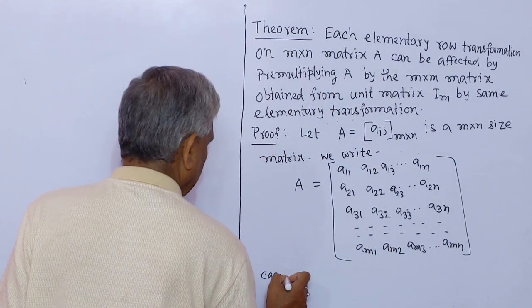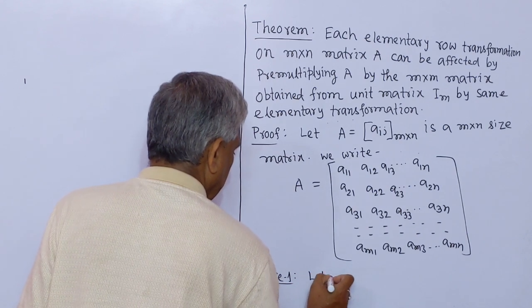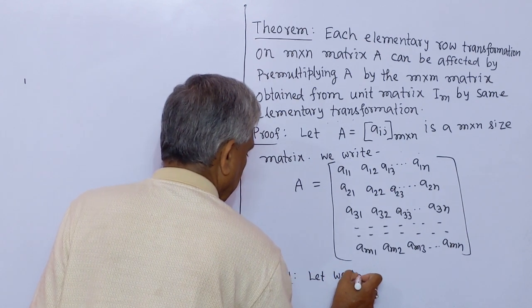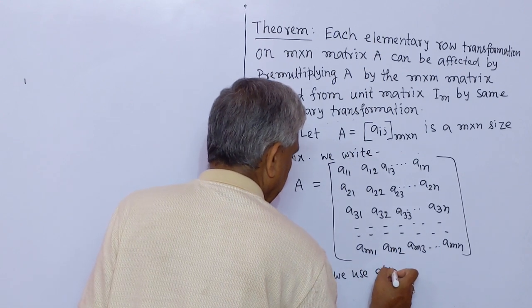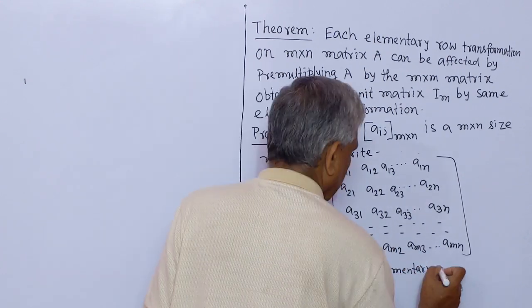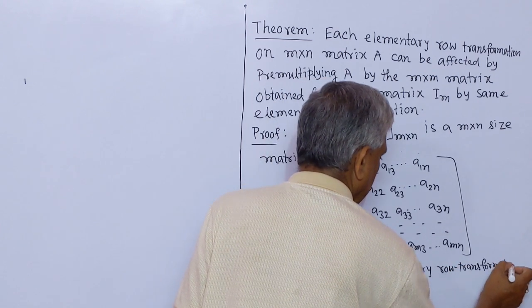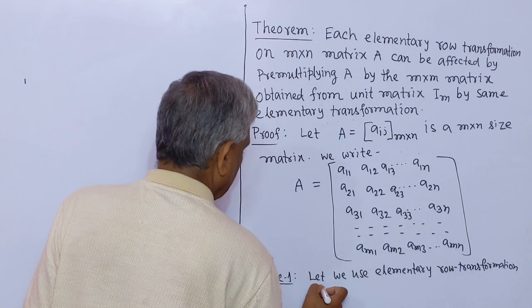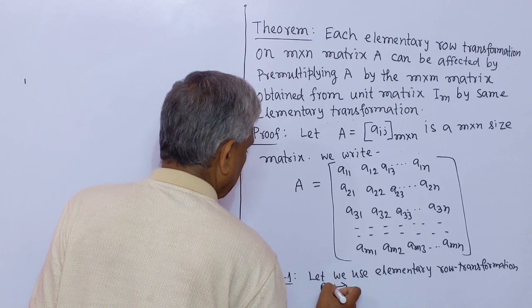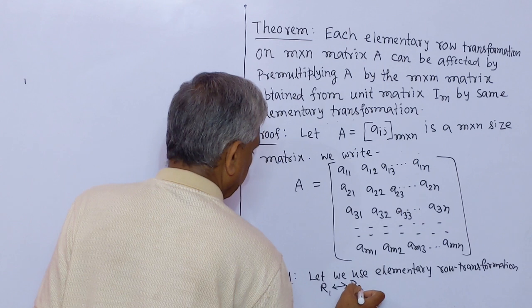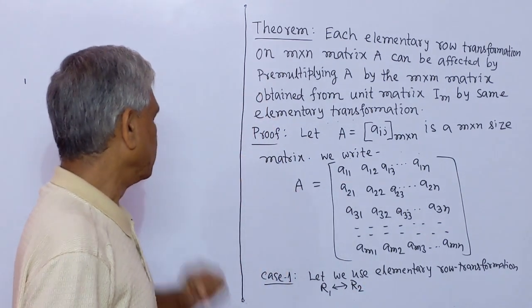Case 1. Let us use the elementary row transformation R1, R2, which means mutual interchange of row 1 and row 2.